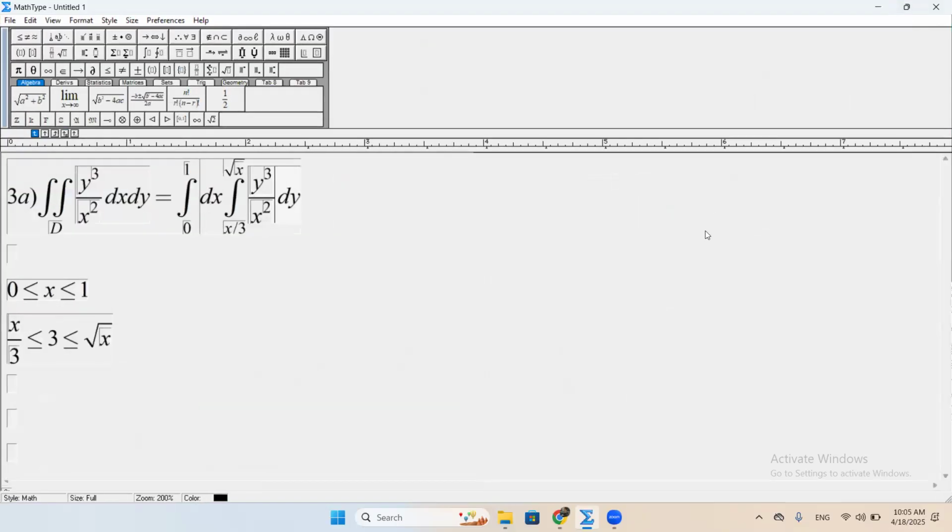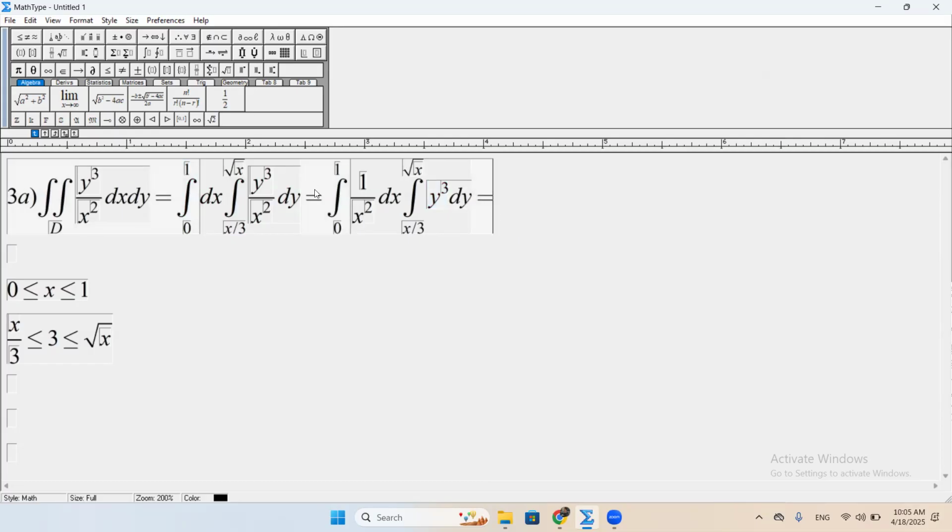By the way, in this case, we can also separate the variables a little bit. For our convenience, we can move 1 over x square out, into the outer integral. Why? It is convenient. So now we will have only the y variable here.